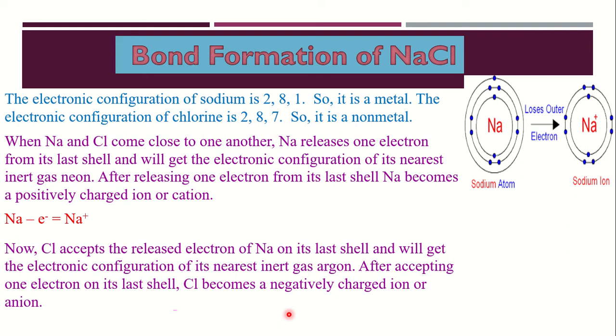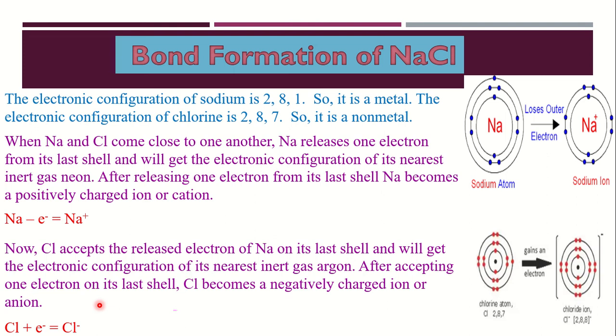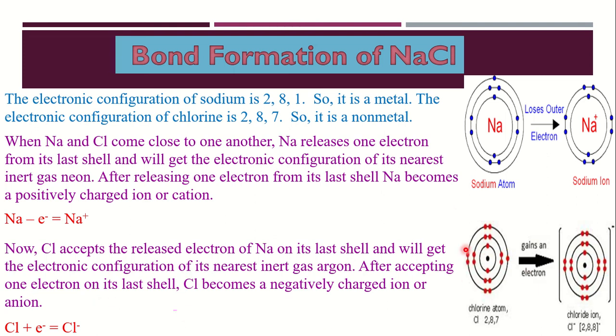In this way, chlorine also becomes stable, but it forms Cl- ion, chloride ion, because at first in the neutral atom it has 17 electrons and 17 protons, so it was neutral.